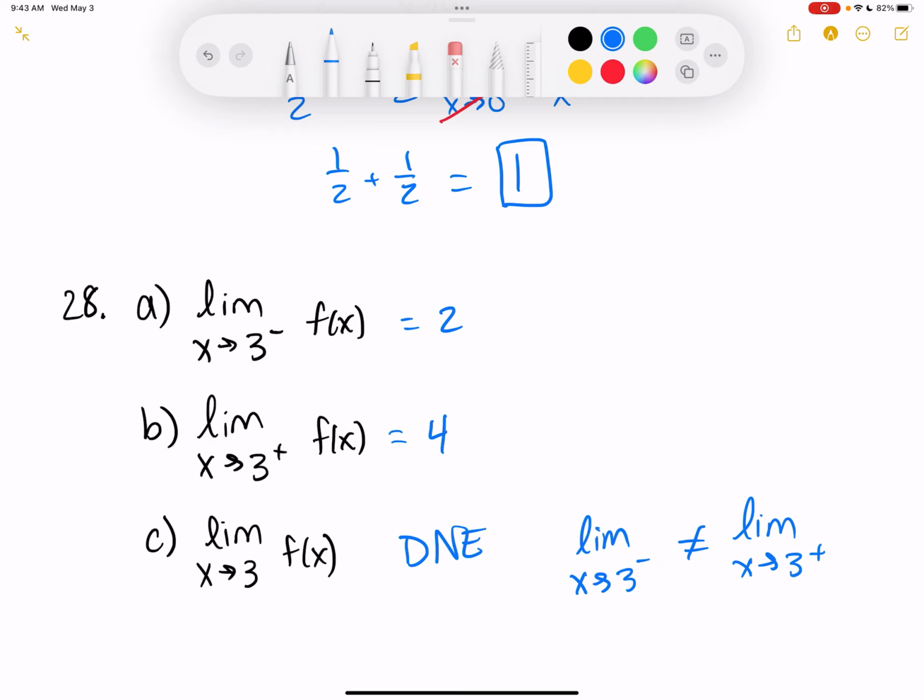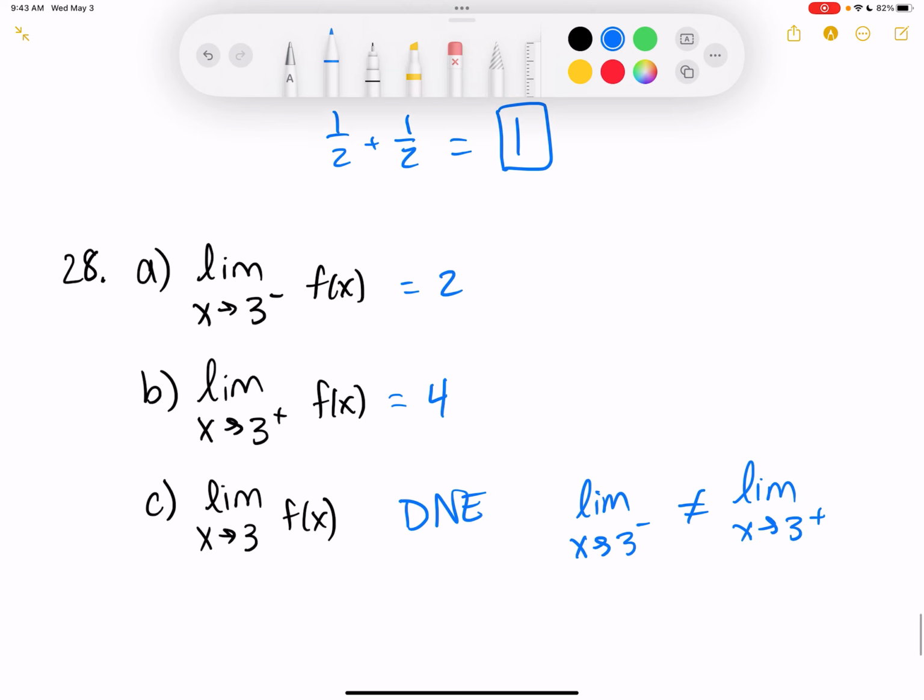So we're coming down from the left side. We're always coming from this direction. I follow the graph until I get to x equal to 3 from this side, and I ask, what is y at that point? In this case, it's 2. Then for the right one, I'm coming from this direction.